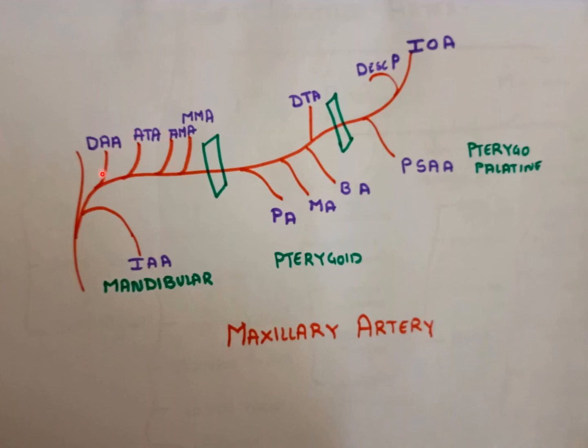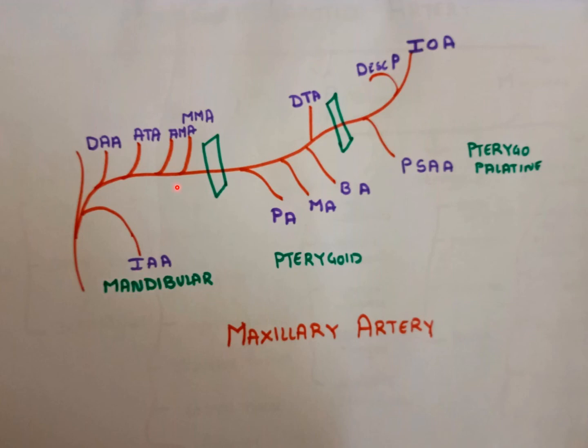The mandibular part has the deep auricular artery, anterior tympanic artery, inferior alveolar artery, middle meningeal artery and accessory meningeal artery. The deep auricular and anterior tympanic arteries supply the tympanic membrane, whereas the inferior alveolar artery terminates as the mental artery and supplies the mandibular region.